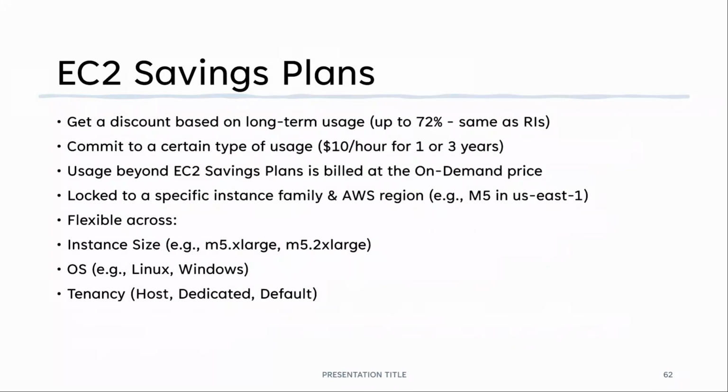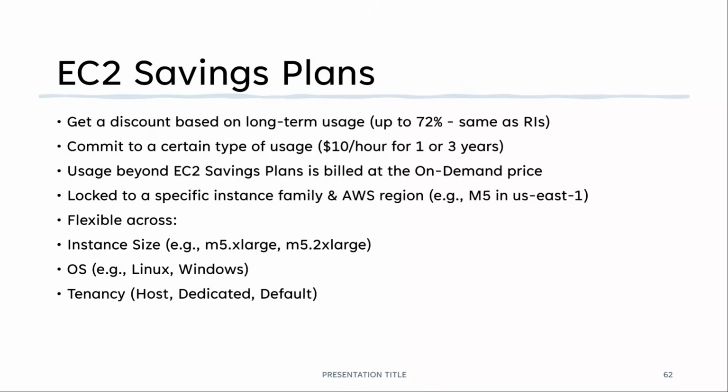Talking about EC2 savings plans, you get discounts based on long-term usage. Don't confuse it with reserved instances. Here what you do is commit to a certain type of usage. It means, for example, I am going to use 3 hours each day at $10 an hour, and I'm going to use it for 1 to 3 years. You are making a commitment, but not on the particular instance, but on how much you are going to use.